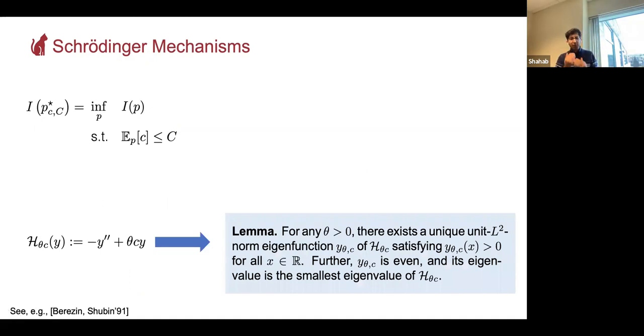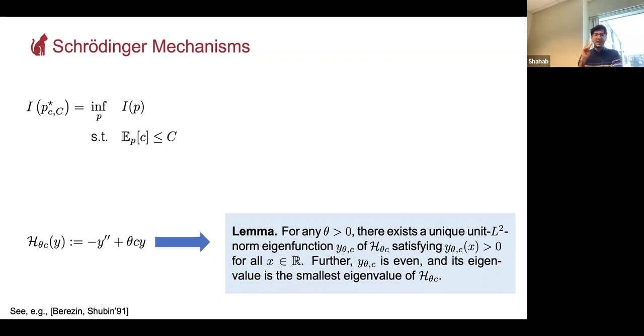The first result that we prove is that for any positive theta, there exists a unique unit L2 norm eigenfunction, which we call y theta c, that is always positive and even, and the corresponding eigenvalue is the smallest eigenvalue of the Schrödinger operator.